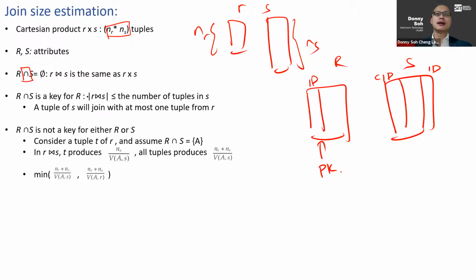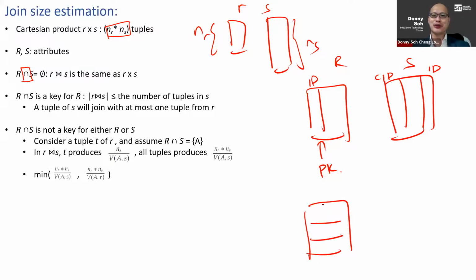So in the join condition, there's one common attribute that's a key for R. Then the rule is that R join S is always less than or equal to the number of tuples in S. Okay, so actually this one is very interesting.